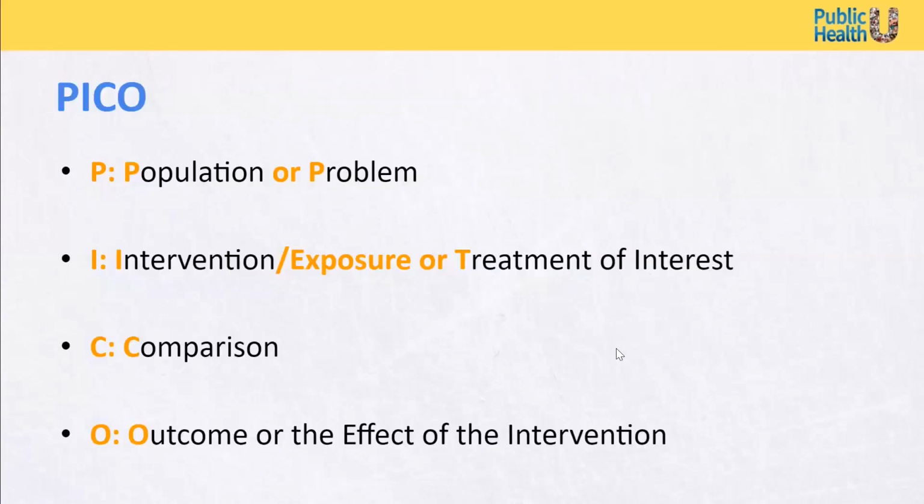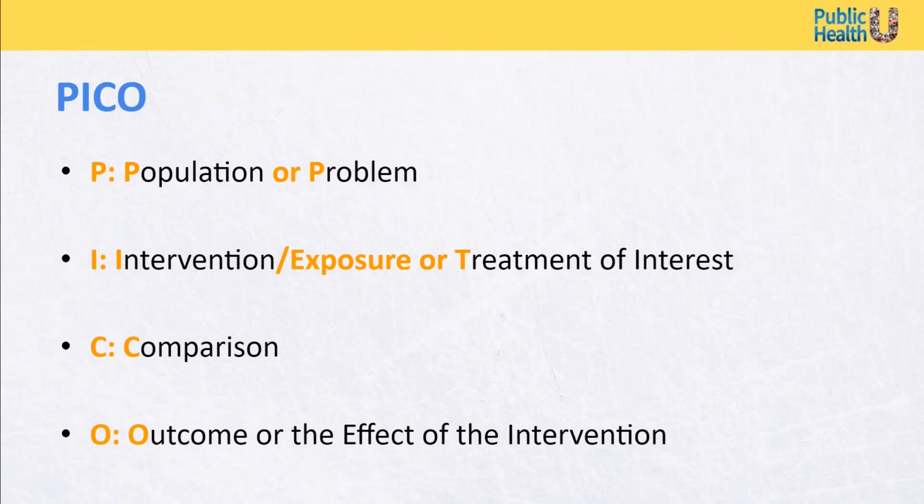So the next thing you need to know is PICO. This is what guides your search on the internet. For every research title, for every research topic you have carved out, whether in your final assignment or your dissertation, you need to know, one, the population you're interested in.